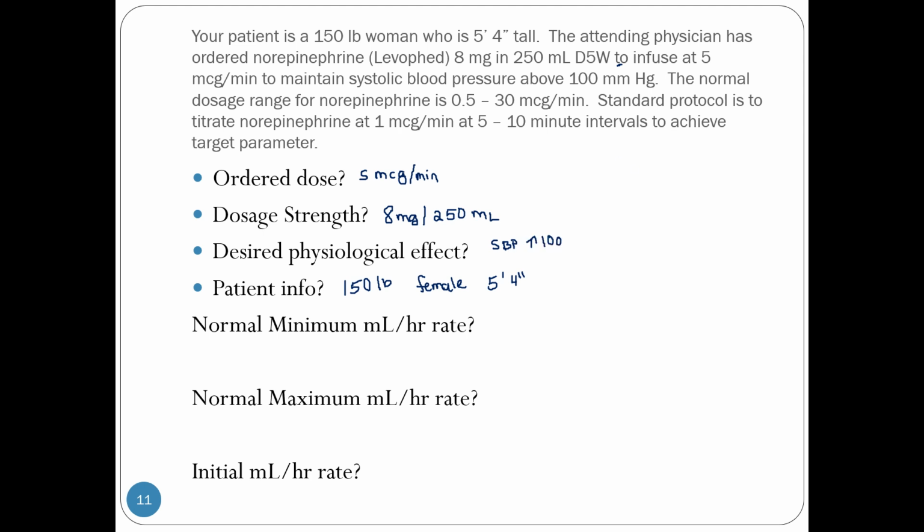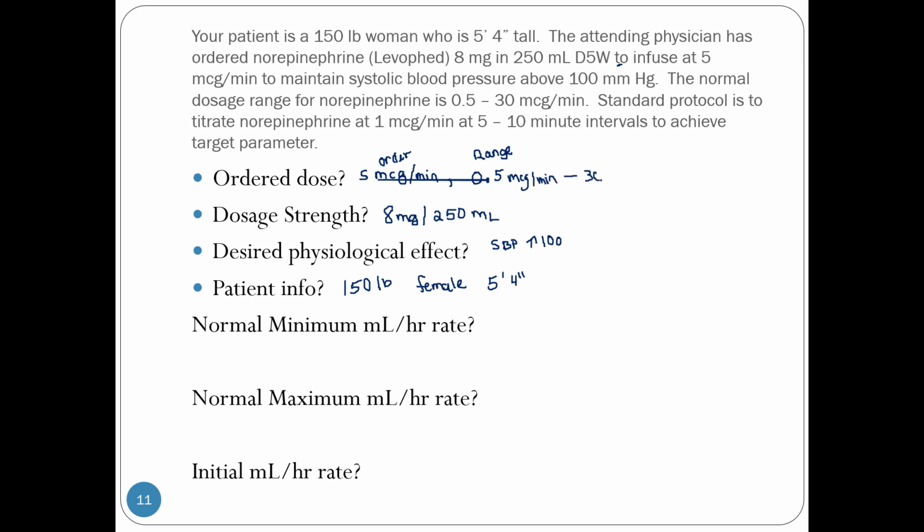The normal dosage range for this med is, so I'm going to include that, this is the ordered start. And then next I'm going to include the range because I know they're going to ask me about that. And so I like to just note that right away. So 0.5 mcg per minute up to 30.